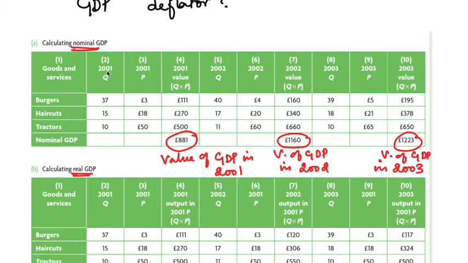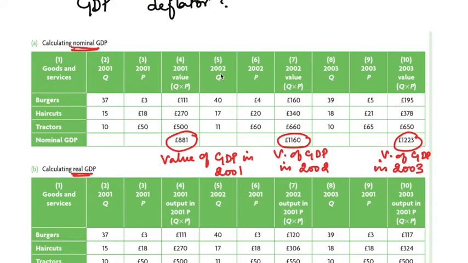In 2001, these are the quantities produced: burgers 37, haircuts 15, tractors 10. And these are the prices of each of these commodities in the same year. If you multiply quantity and price, you get the value of these goods in 2001. If you add the values of each of these goods, you get 881, the value of GDP of this country in 2001.